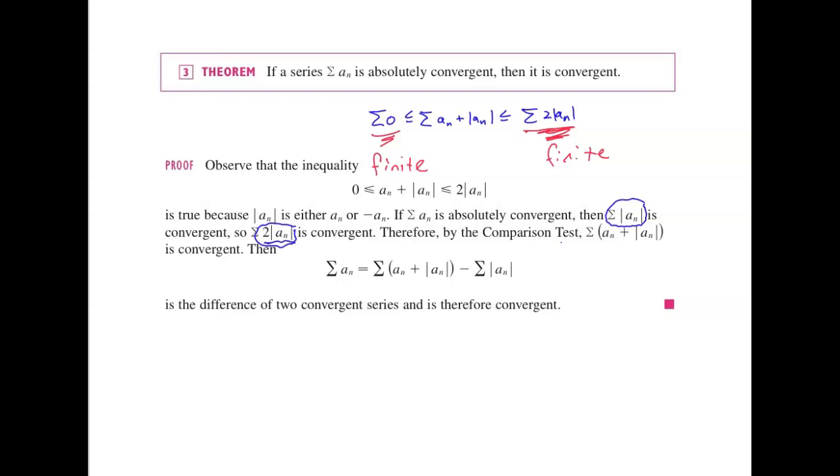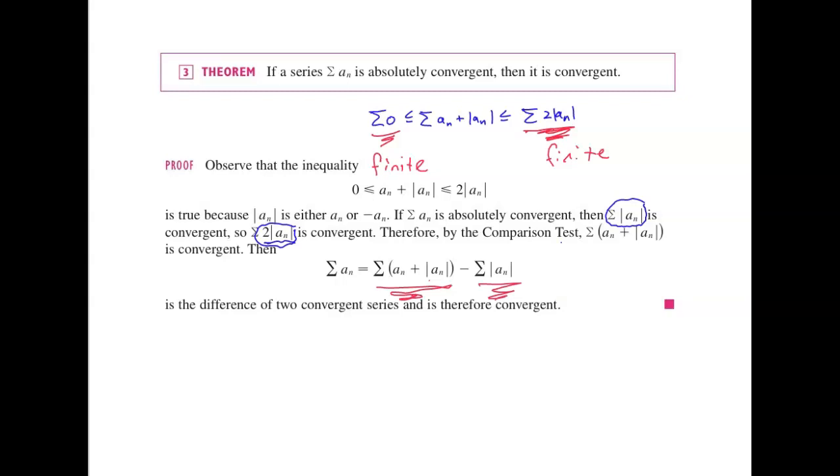So sigma a_n equals sigma (a_n plus the absolute value of a_n) minus sigma the absolute value of a_n. And that's just because these would cancel each other out, right? And we already proved that this is convergent and this is convergent.